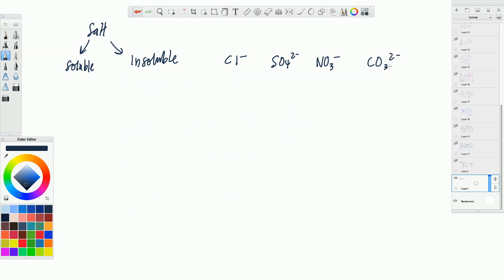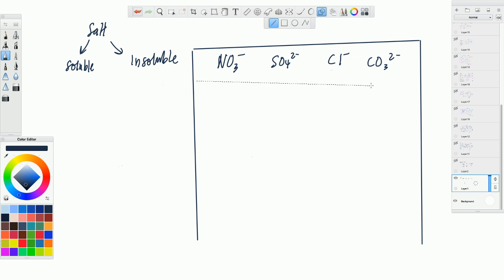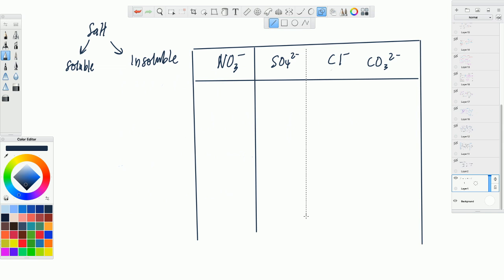Okay, so nitrates, sulfates, chlorides, carbonates. Okay, and then you have, this is your anion.